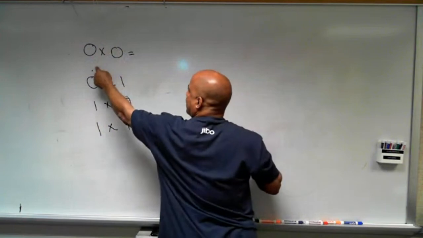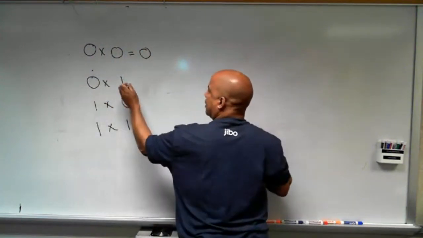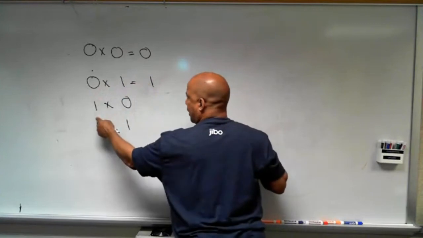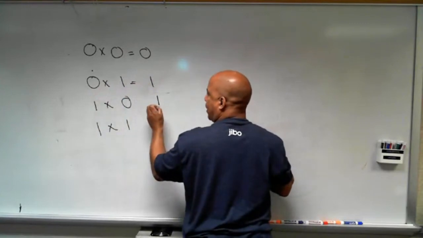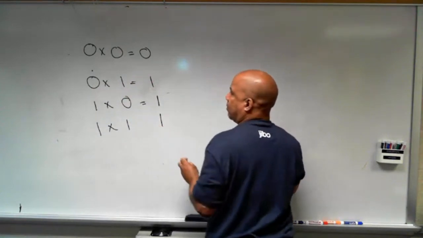So in binary, a 0 times a 0 is a 0. A 0 times a 1 is a 1. A 1 times a 0 is a 1. And a 1 times a 1 is a 1.